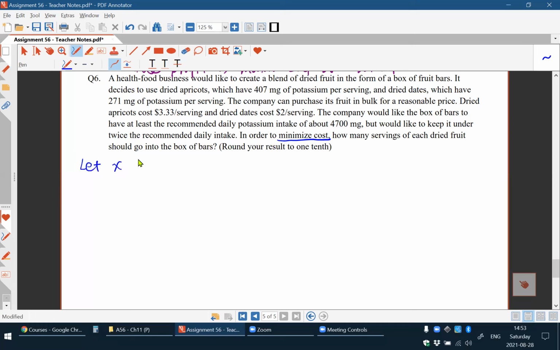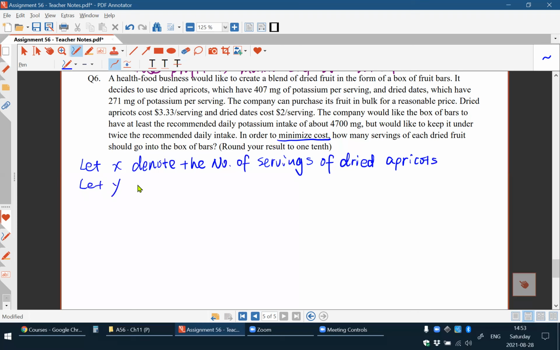So let X denote the number of servings of dried apricots, and let Y denote the number of servings of dried dates.